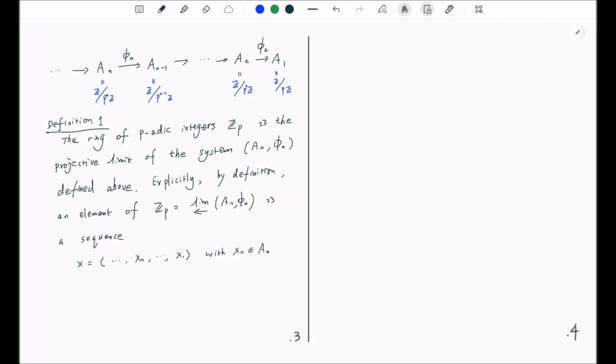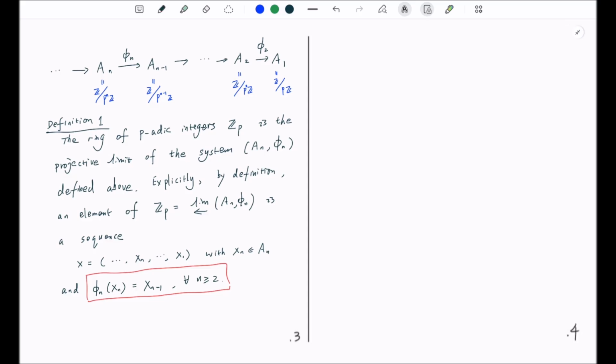And phi sub n maps x_n to the next one, x_{n-1}, for any n bigger or equal to 2. And this is the most important property in this definition.